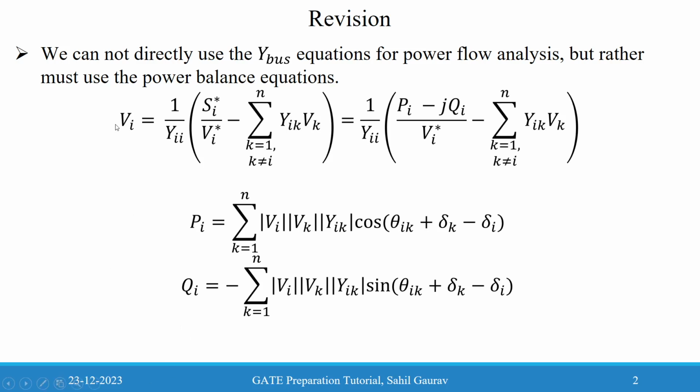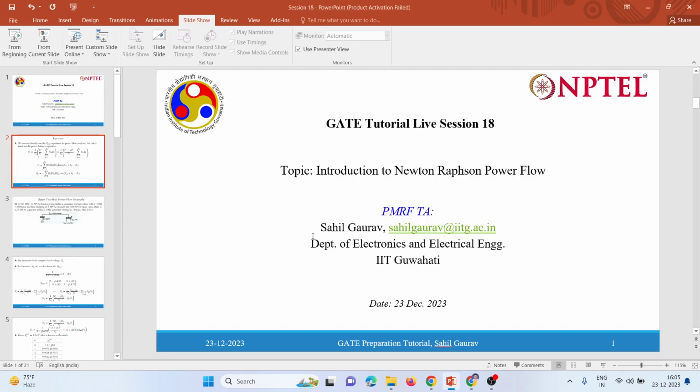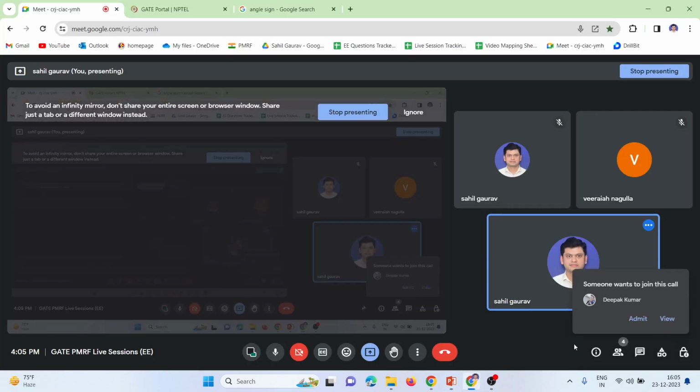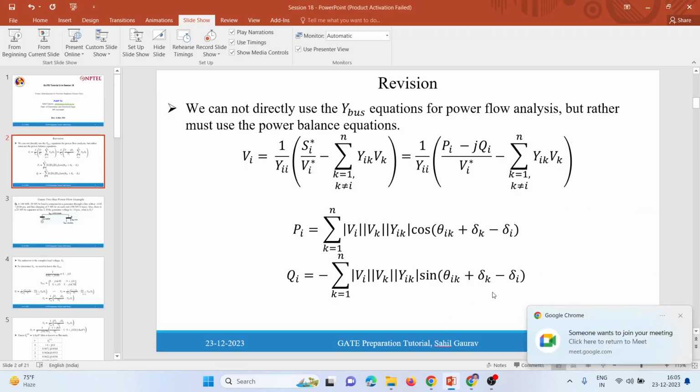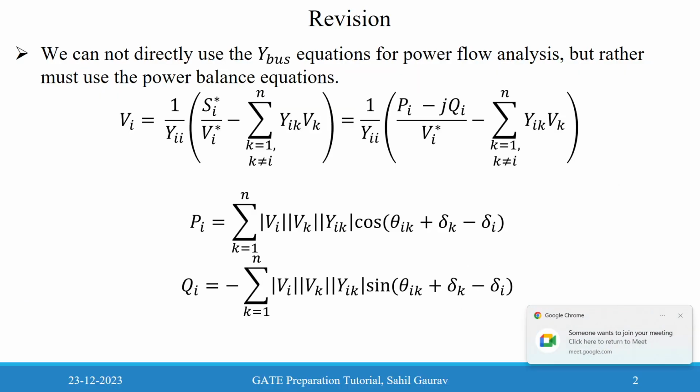So we have seen how we can derive this power balance equation. In a multiple bus system you can derive the power balance equation using this simple expression, S_i equal to V_i I_i conjugate.